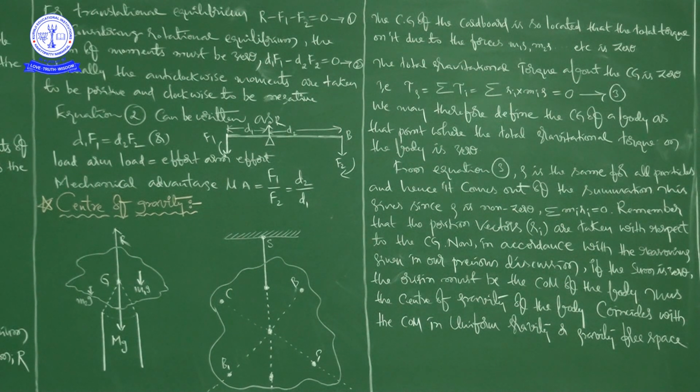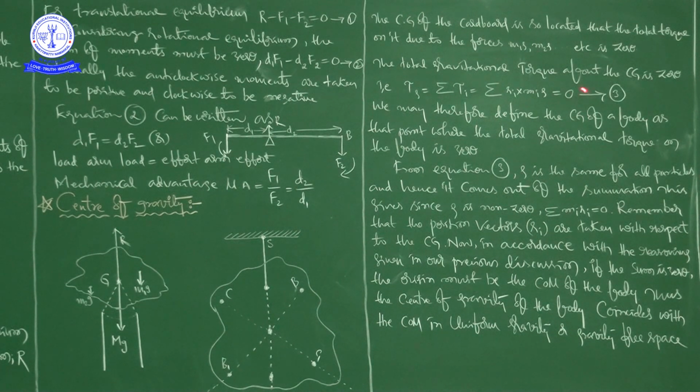Now, if Ri is the position vector of the ith particle of an extended body with respect to its center of gravity, then what is the torque about the center of gravity due to the force of gravity on the particle? That is tau i equal to Ri into Mi into g. If you take the total gravitational torque about the center of gravity, it will be 0.